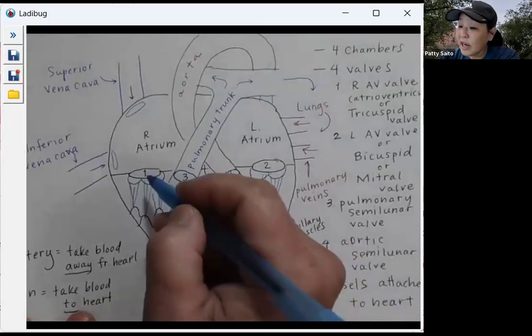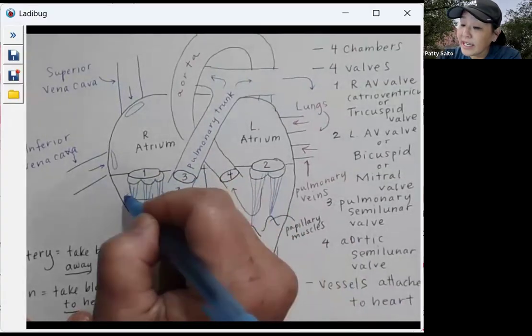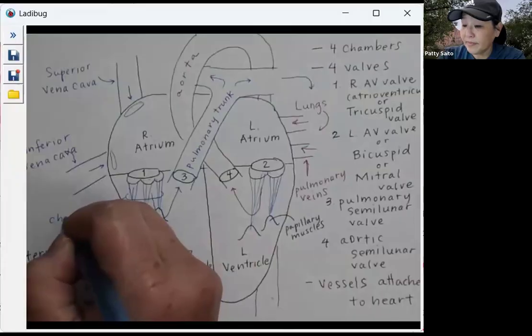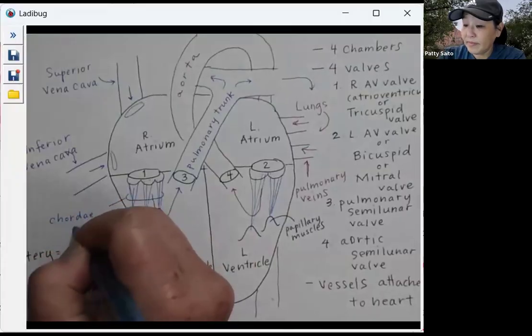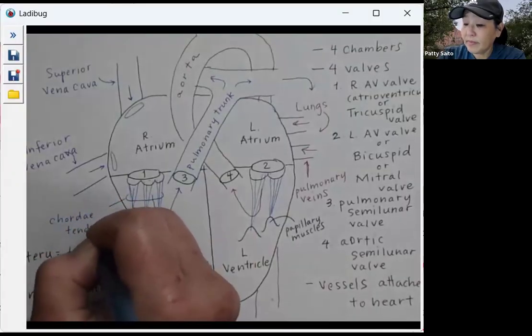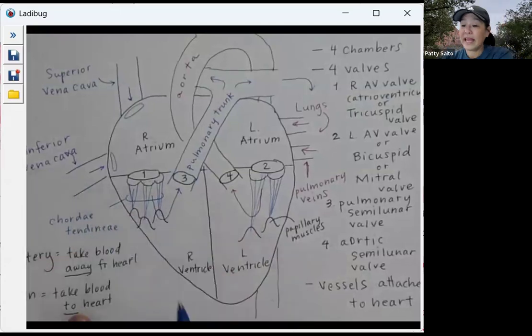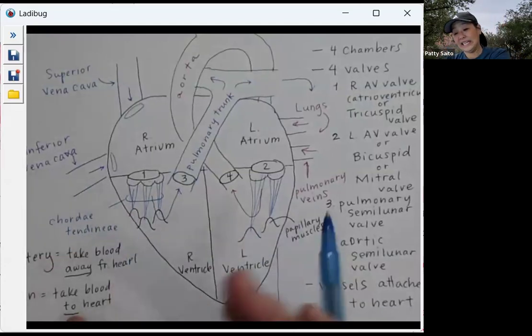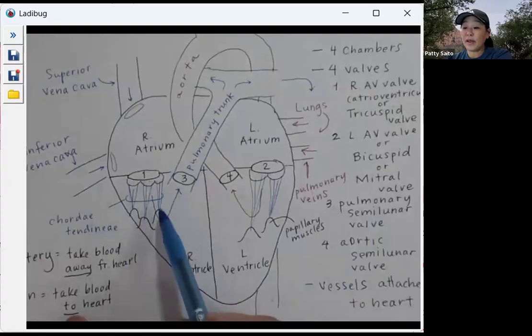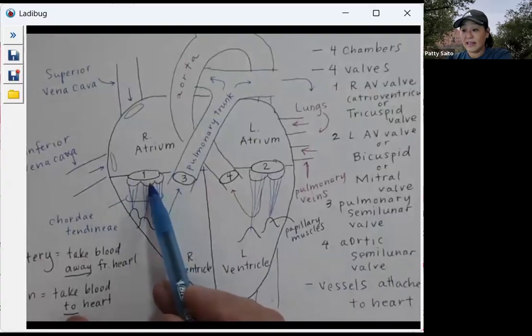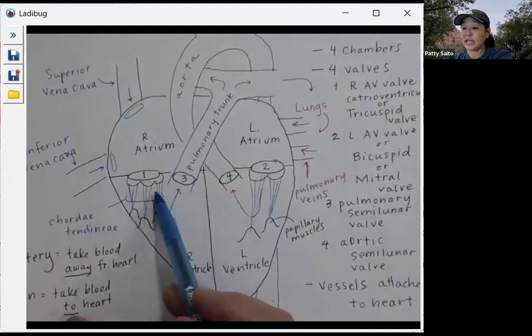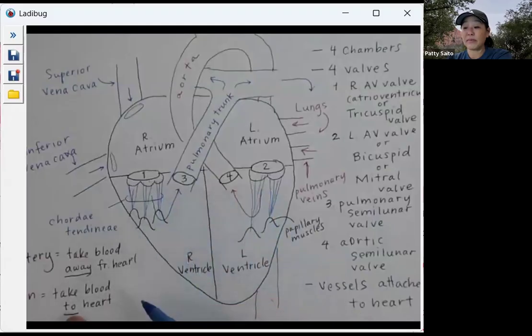All right, so these are chordae tendineae, tendinous cords. They attach the cusps of the tricuspid and bicuspid valves to the papillary muscles.